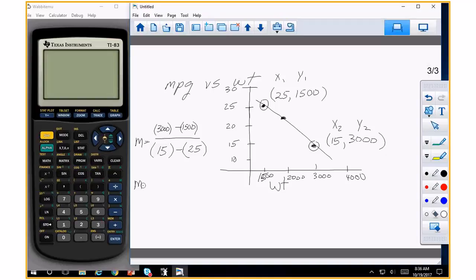Wait, the X's are supposed to be the mileage. Yeah, you've got your X's and Y's mixed up. Oh, I'm sorry. Change X over there. I'm sorry. Let's see, that should be 1,500. And I don't have an eraser because I haven't been trained on this stuff.